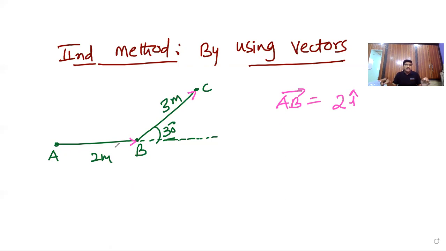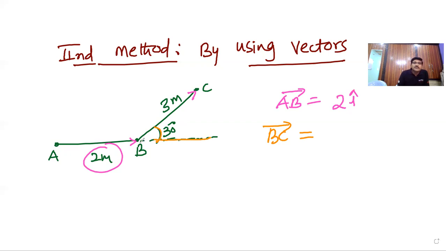Clear? AB bar vector towards east, east is positive, towards positive x-axis. Magnitude 2 meters into unit vector along the positive x-axis, i cap. Now we want to indicate this BC bar vector also, tail to head. But observe this, BC bar is inclined 30 degrees to the horizontal.